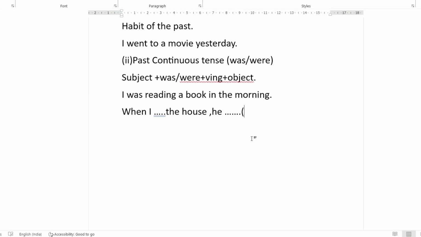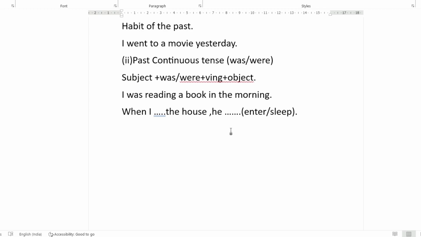Suppose the sentence is something like this, and I have been given two verbs, that is enter and sleep, and it is mentioned in the sentence that we have to fill in either present tense or past tense. First I'll take up past tense, then I'll tell you what to fill in present tense. So it's clear that I entered and he was asleep, but how will I fill it?